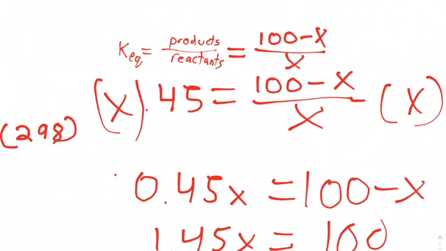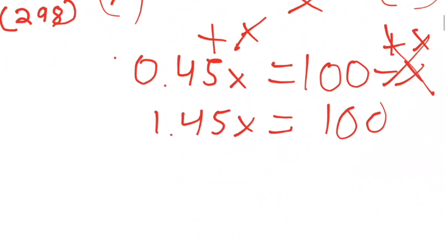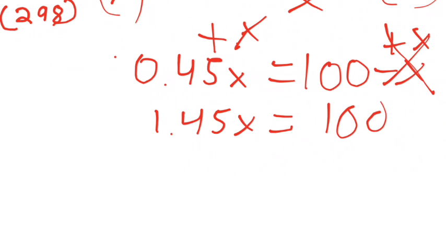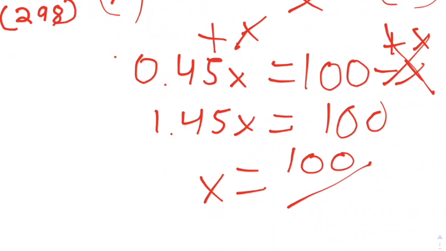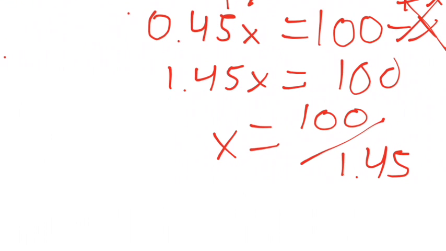That's just from adding x to both sides. Minus x would give us 0, and plus x is 1x plus 0.45. Now we can solve for that x. x is equal to 100 divided by 1.45, which will give us about, I believe, 69.